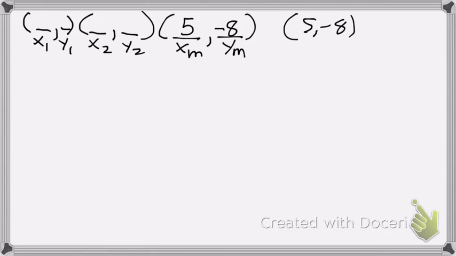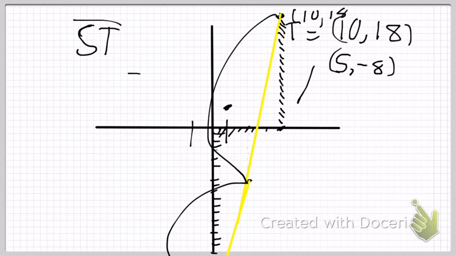Then the other information we have is that the coordinates of t are given. So the coordinates of t here are 10, 18. So t is one of our endpoints, because what we're looking for is, if we have segment st over here, we know that our endpoints are t and s.